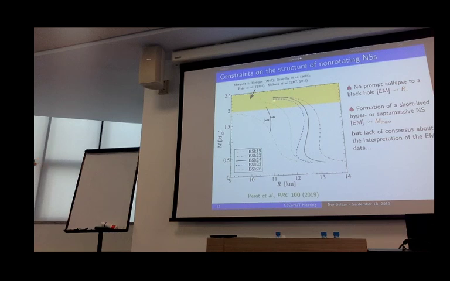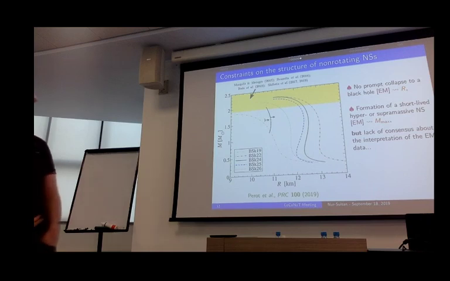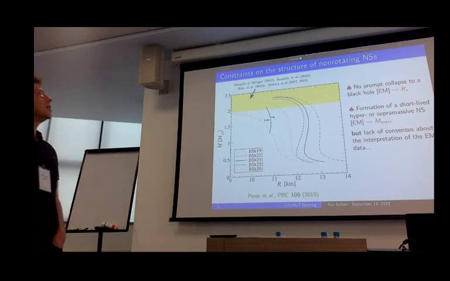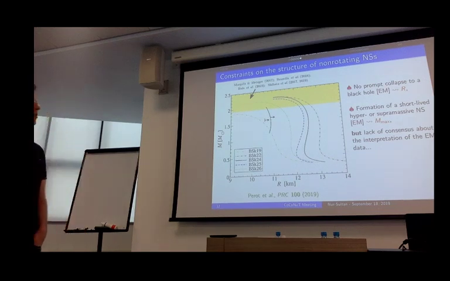So far, these constraints are not so stringent, because they mean that the maximal mass should probably be between 2 and 2.5 solar masses, but we could expect this limit to improve with further detections. We also note that there is a lack of consensus about the lifetime during which this neutron star remnant survives after the merger.